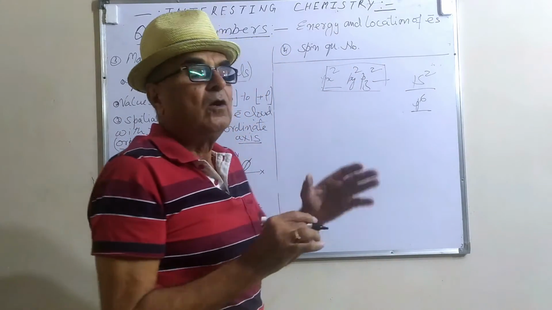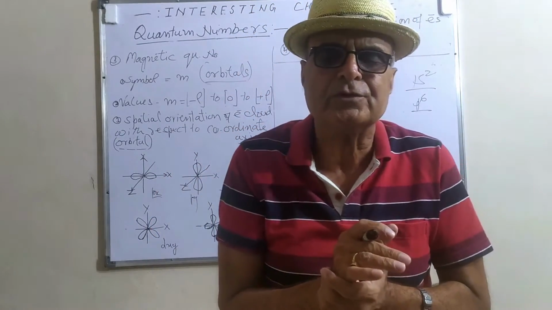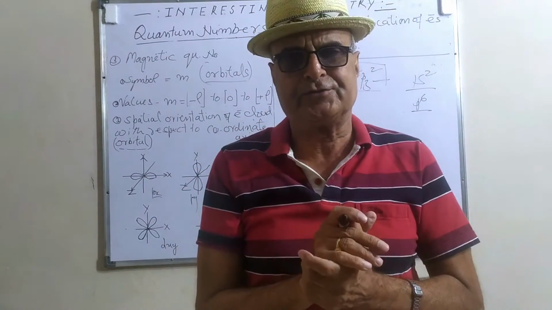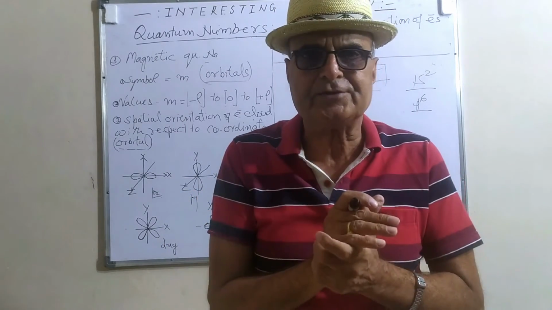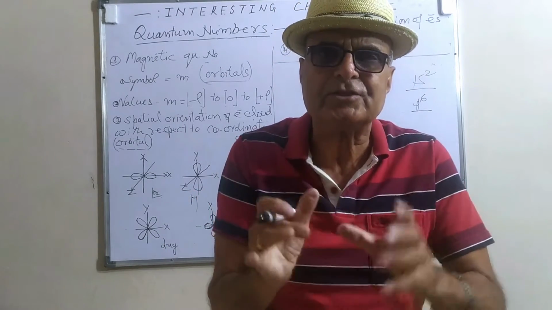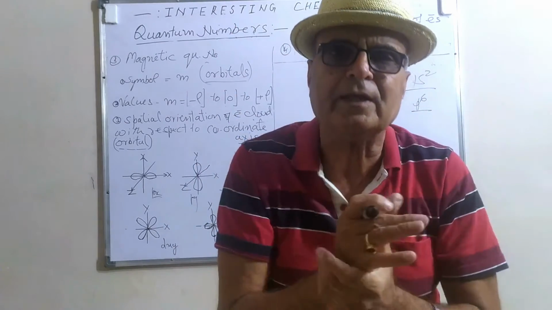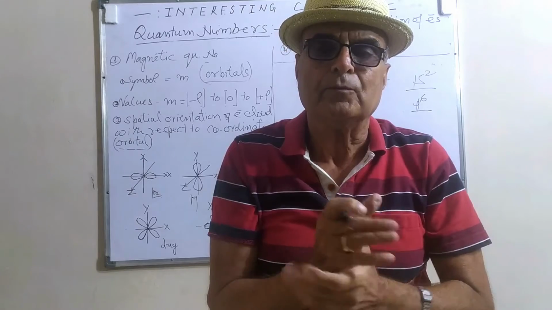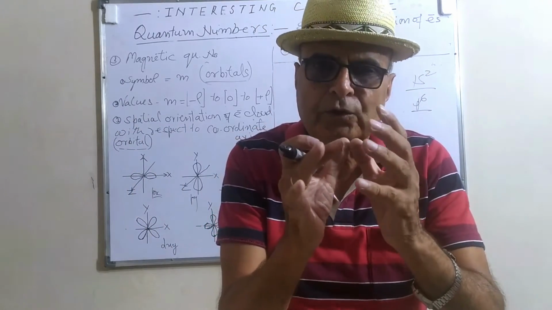So now the question arises: both the electrons are negatively charged. How can they exist in an orbital? They will repel each other.